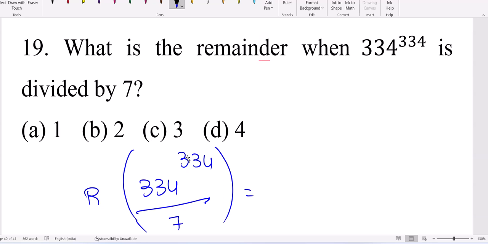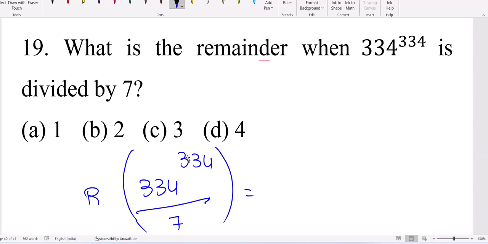Answer? When 334 is divided by 7, what is the remainder? 5. I can put minus 2.